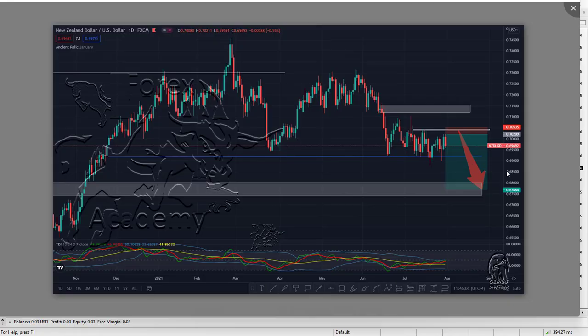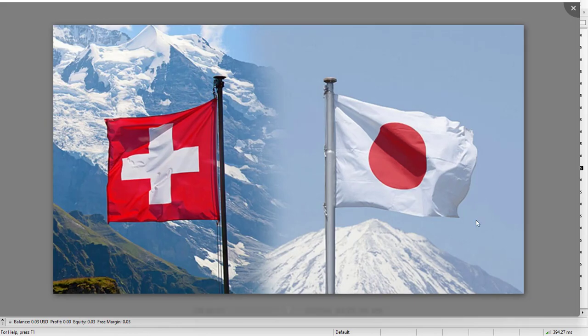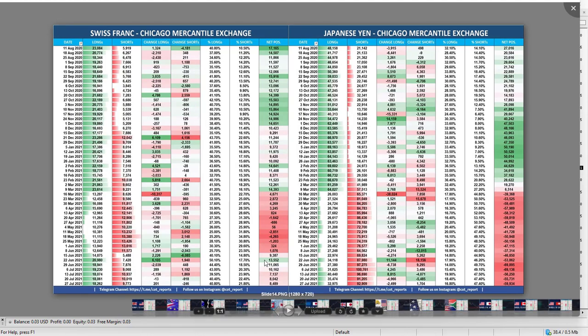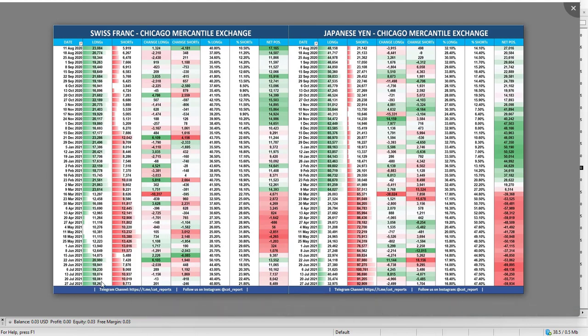Going with CHF JPY, the Swiss franc is also bearish, guys. As you can see, the longs, and the Japanese yen, guys, is more bearish, and it is affecting the CHF to drop, meaning that's why we see that pair dropping.